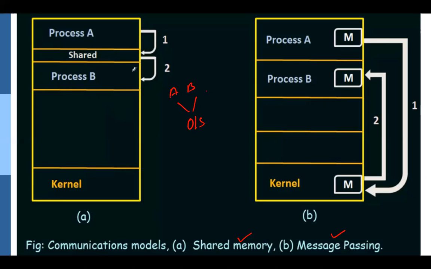This overlapping address space is nothing but the shared memory which they are sharing with each other. That particular concept is called shared memory, in which one process is writing something.